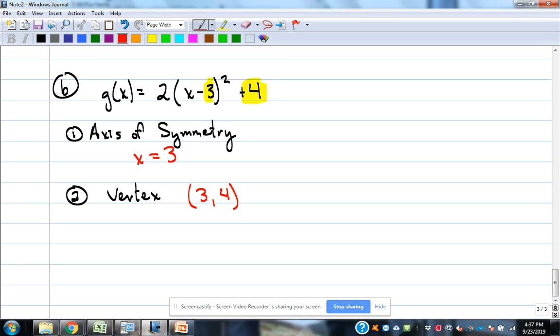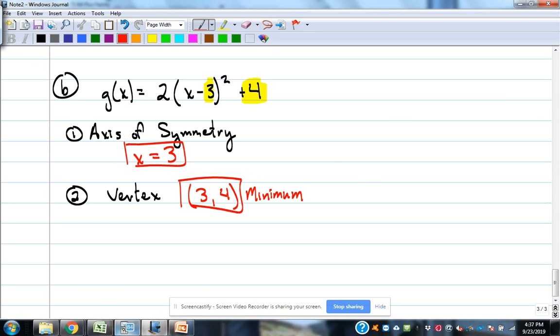All right. Now, we found the vertex. We found the axis of symmetry. What do we know about that vertex? Is it a maximum or a minimum value based on what A is? It'd be a minimum.